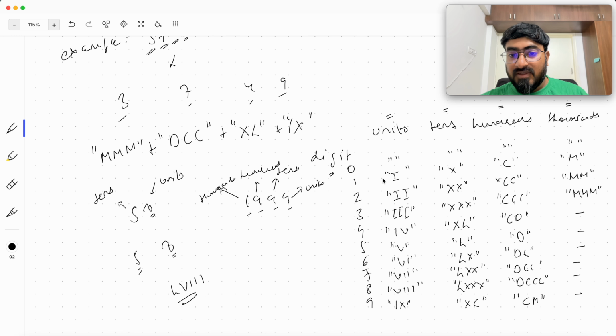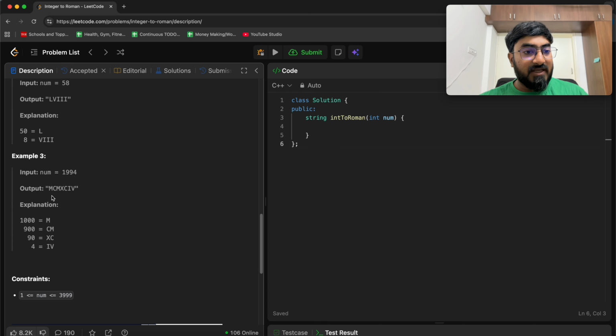So 4 at units is IV, 9 at tens is XC, then we have 9 at hundreds is CM, and then 1 at thousands is M. So MCMXCIV, and that's what we need to do.